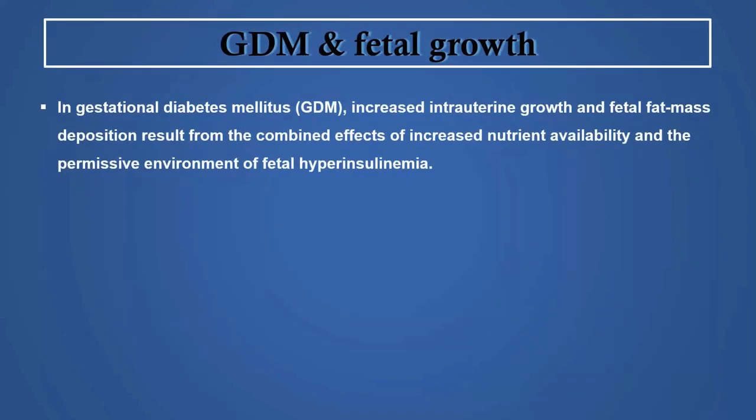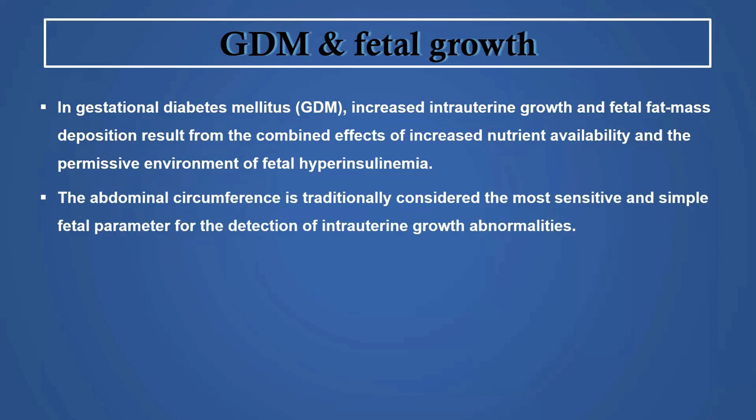Now, in gestational diabetes, there is an increased intrauterine growth and also increased fetal fat mass deposition, which result from the combined effects of increased nutrient availability and the permissive environment of fetal hyperinsulinemia.